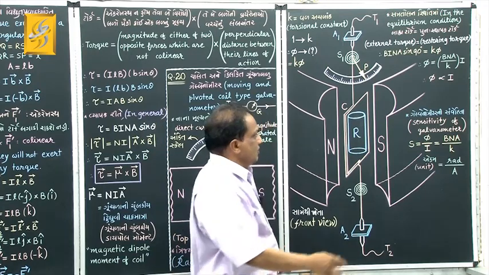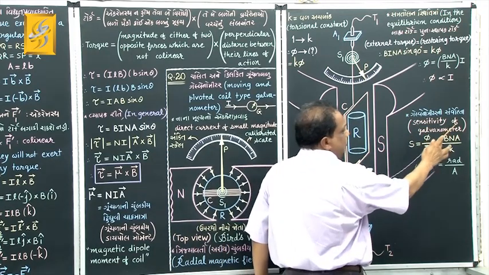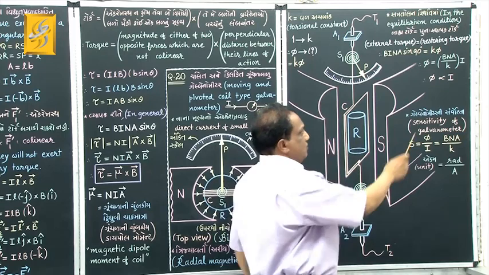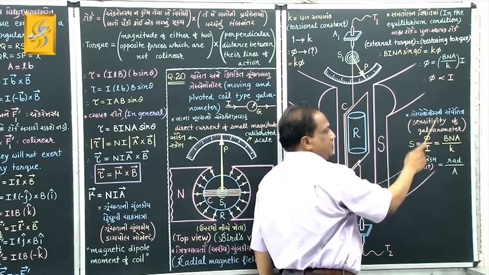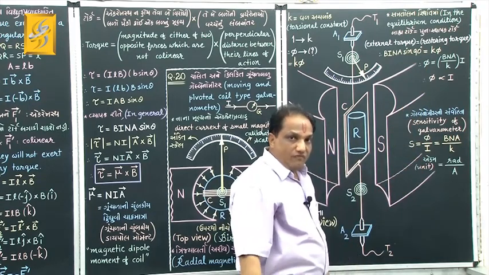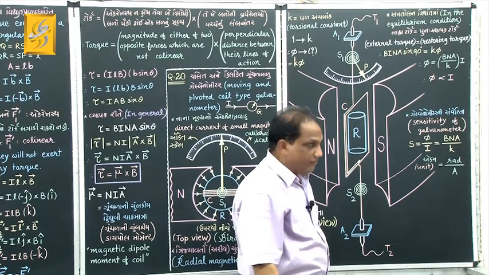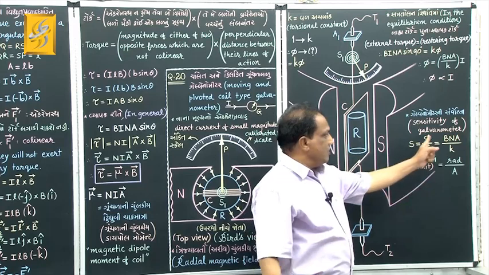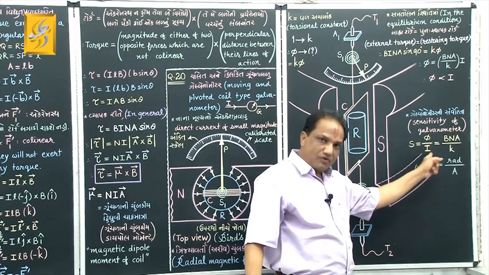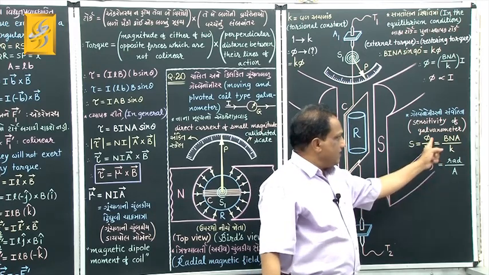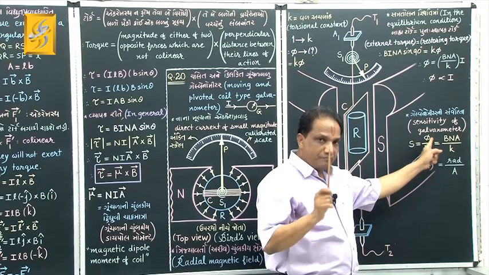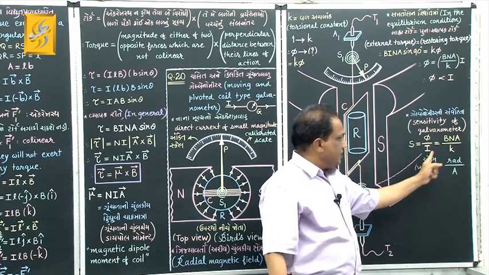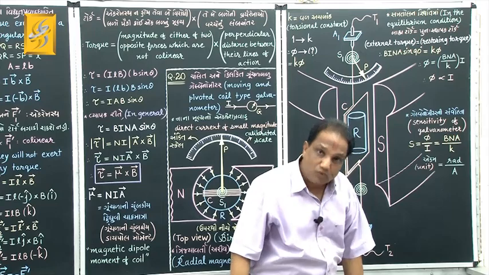Now we go for what is called sensitivity of galvanometer. What is this phi? Steady angular deflection. For how much current passing through the galvanometer? For current I. You just divide steady angular deflection by current passing through the galvanometer. Then you get angular deflection produced in the galvanometer, means in the coil of the galvanometer, per unit current passing through it.